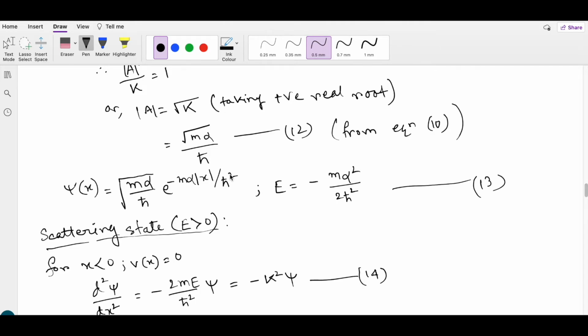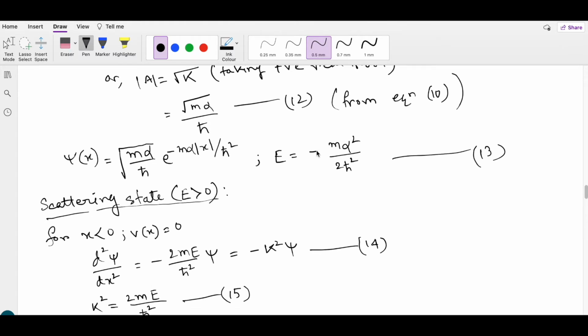And if x is less than 0, this gives mαx/ħ² with the positive sign, so that also obeys our previous derivation, and energy is minus mα²/2ħ².